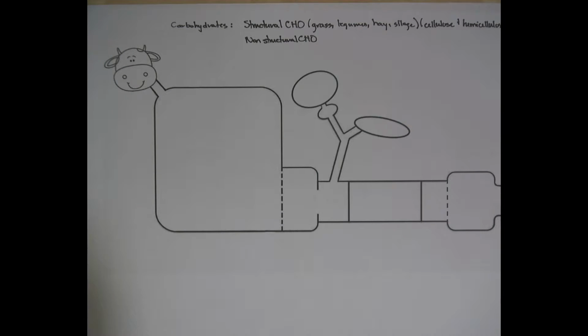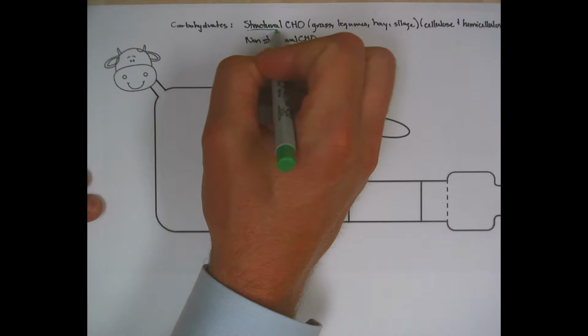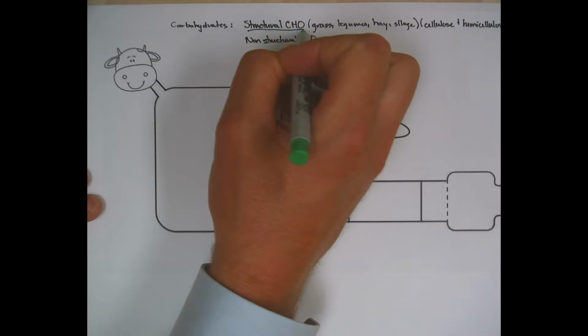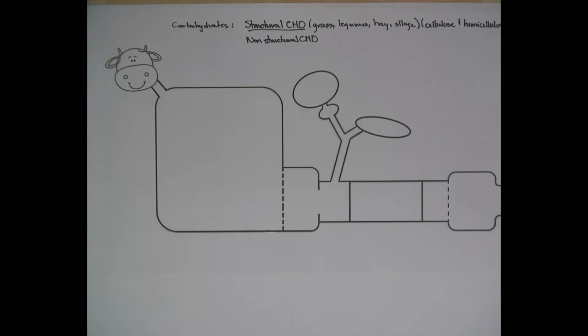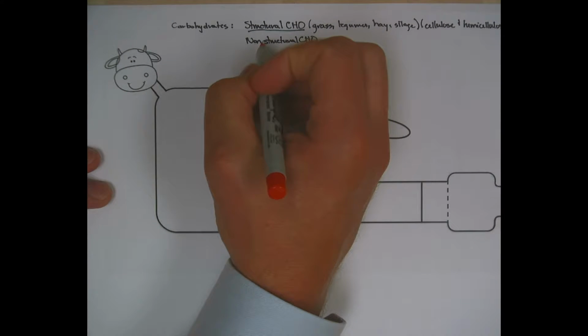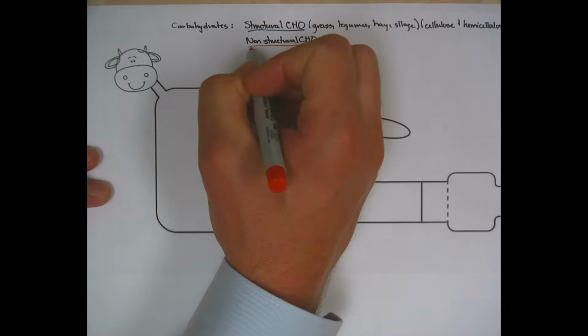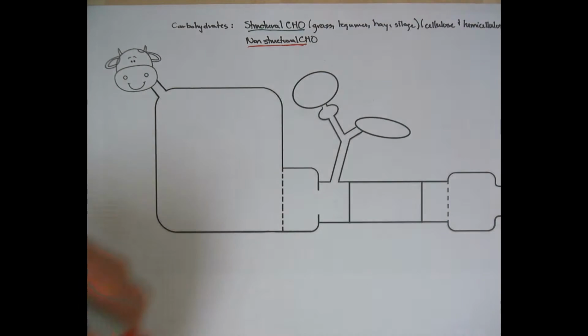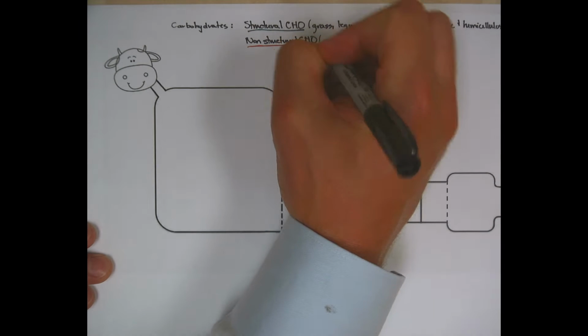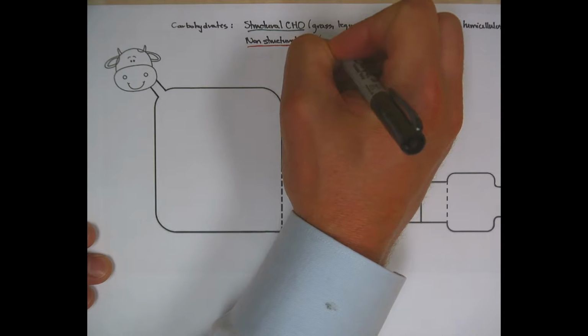So for structural carbohydrates, we're going to normally use green because green makes me think of grass. And for non-structural carbohydrates, we're going to use red just because it will show up. Okay, and when we think about non-structural carbohydrates, what we're talking about there is grains, namely.